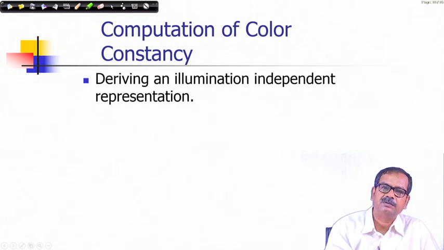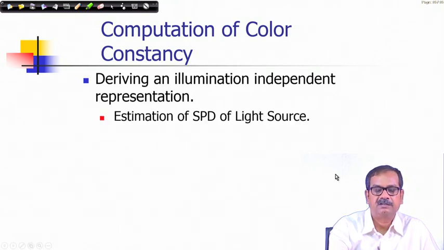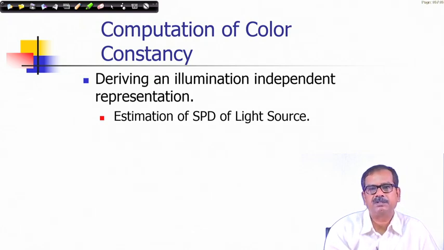So, this is the problem statement: we need to derive an illumination independent representation of color, and for that what is required? We need to estimate the spectral power density of the light source, that is the first thing, and then normalize the colors you get as a response of sensors.